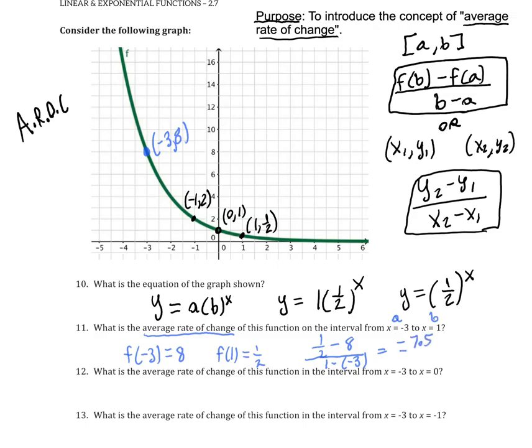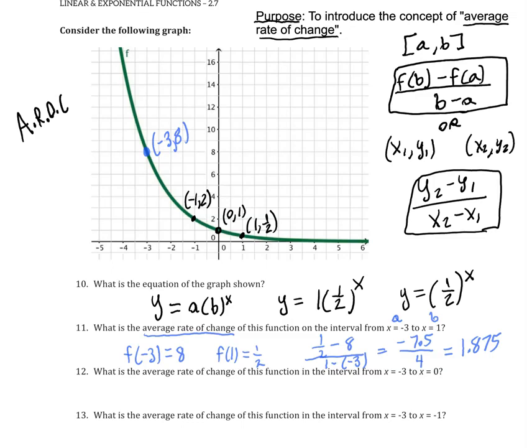And -7.5 divided by 1 minus -3, which is the same as 1 plus 3, which is 4. And so if I round that to the nearest thousandth, I'm going to get -1.875, and that's not actually rounded, that's an exact value. All right, and so we can go on to the next question.